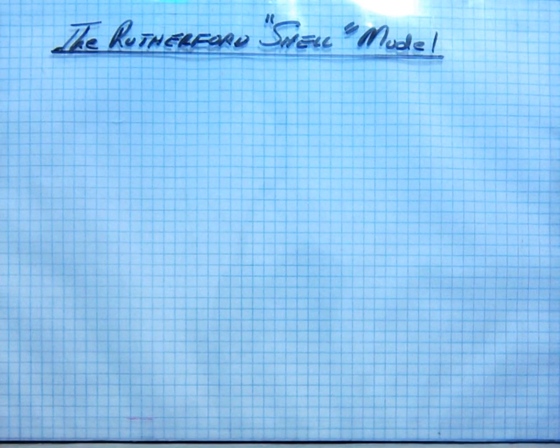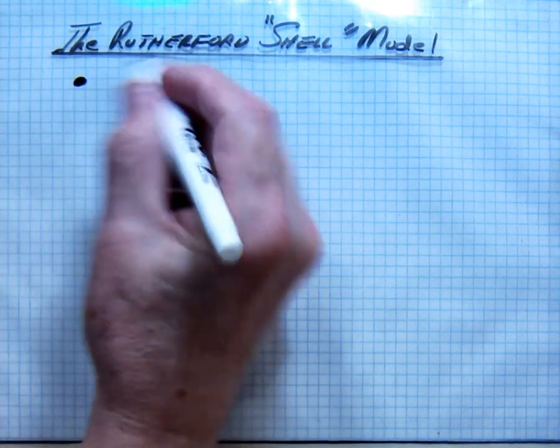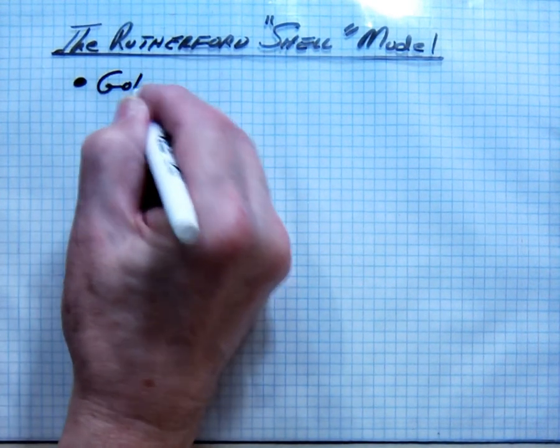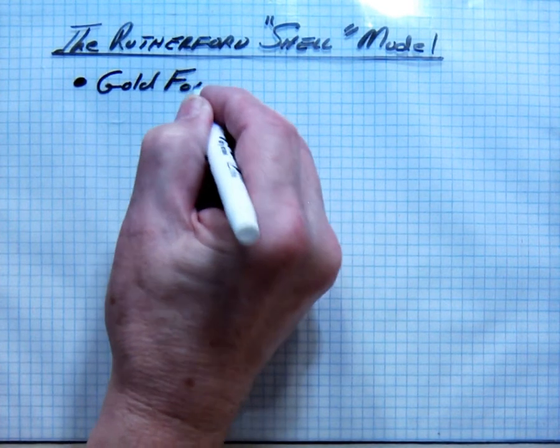One is the experimental foundation for the Rutherford model, and two, the postulates of the Rutherford model. And we use the Rutherford model when we work the three problems. Those conclusions about the dimensions of the atom, the linear, volume, and mass issues, are from the Rutherford measurements and experiments. But the first thing we need to look at is the gold foil experiment.